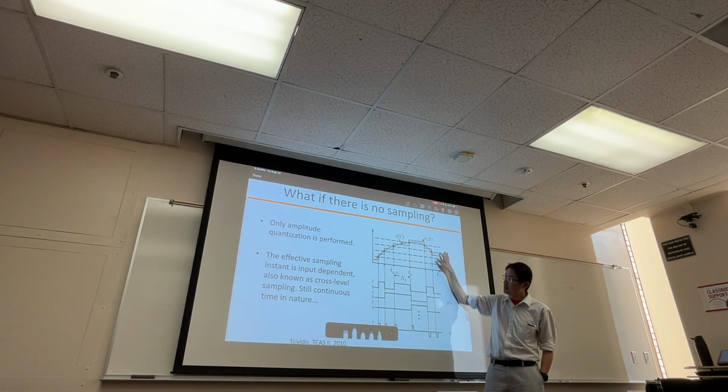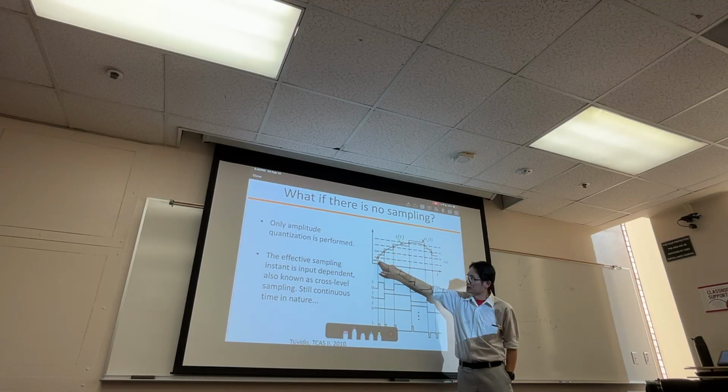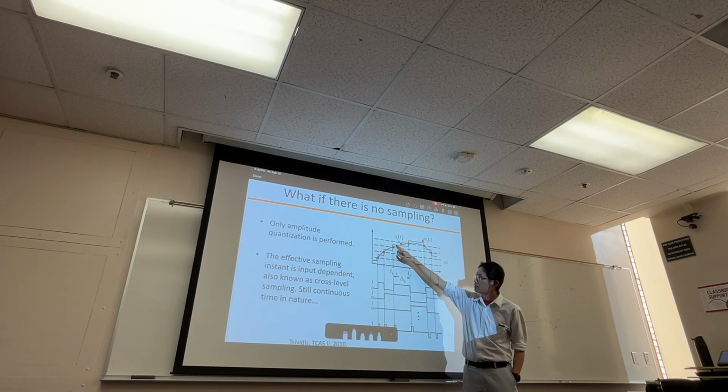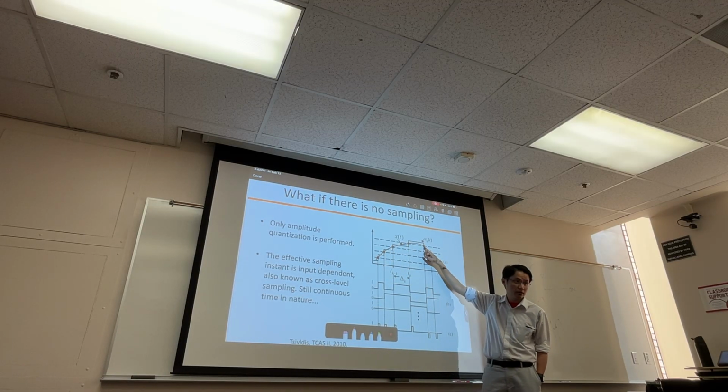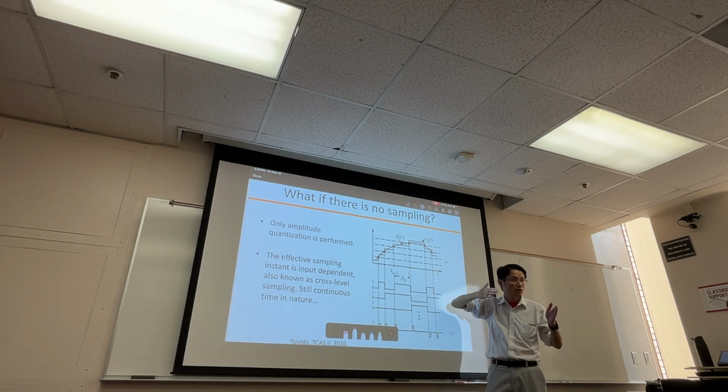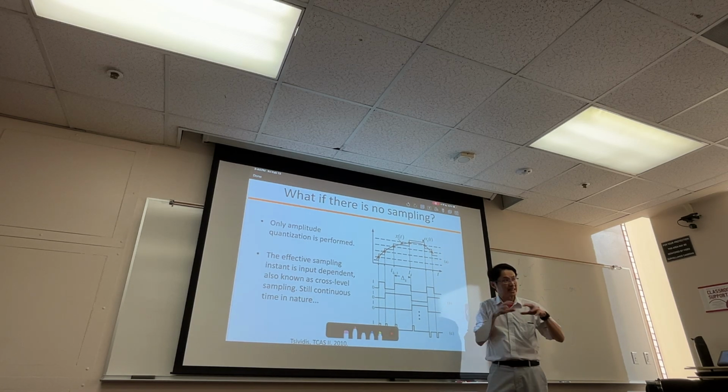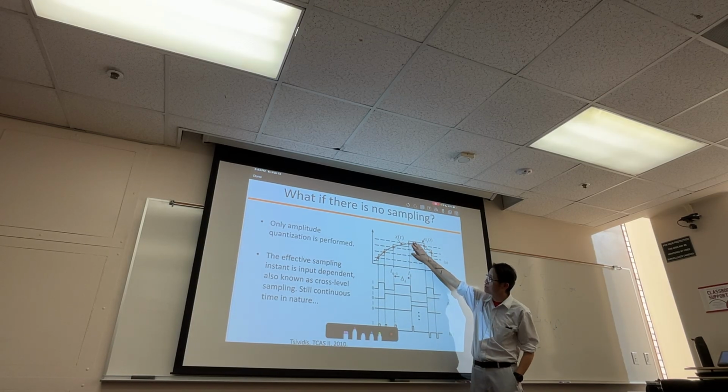So this is almost analog-ish. You see all these staircases, right? The steps are of different widths. It's almost like an analog signal, just that your Y, your amplitude, is not precise.